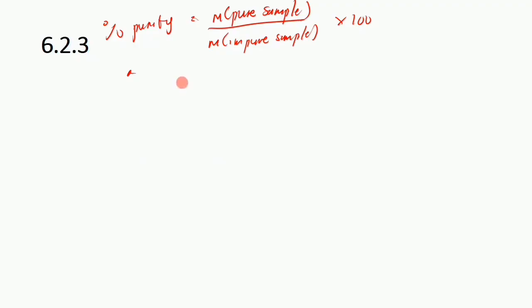So the first thing that we have to do with that question is to first calculate. Step number 1 is to calculate the number of moles of the hydrochloric acid. Remember, we've been given the volume of hydrochloric acid, and this hydrochloric acid forms at room temperature. So that means we can use this formula.